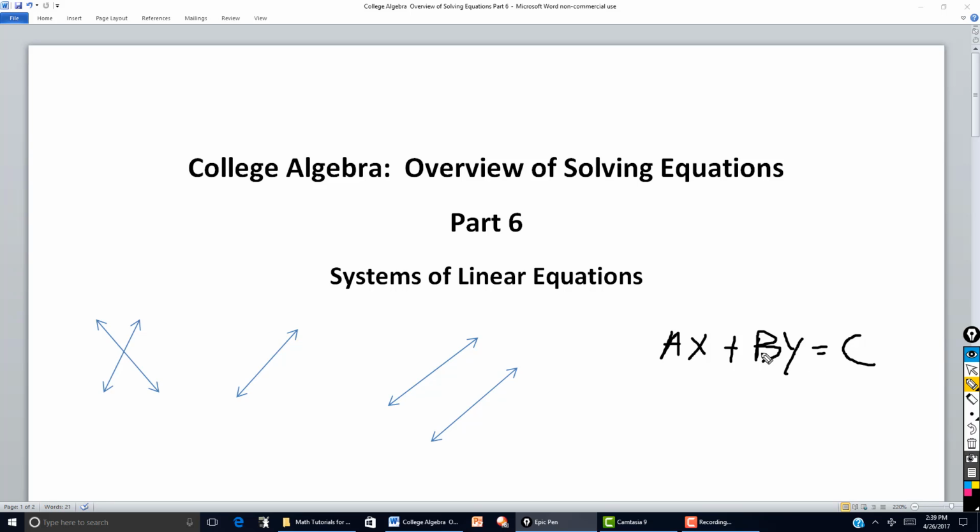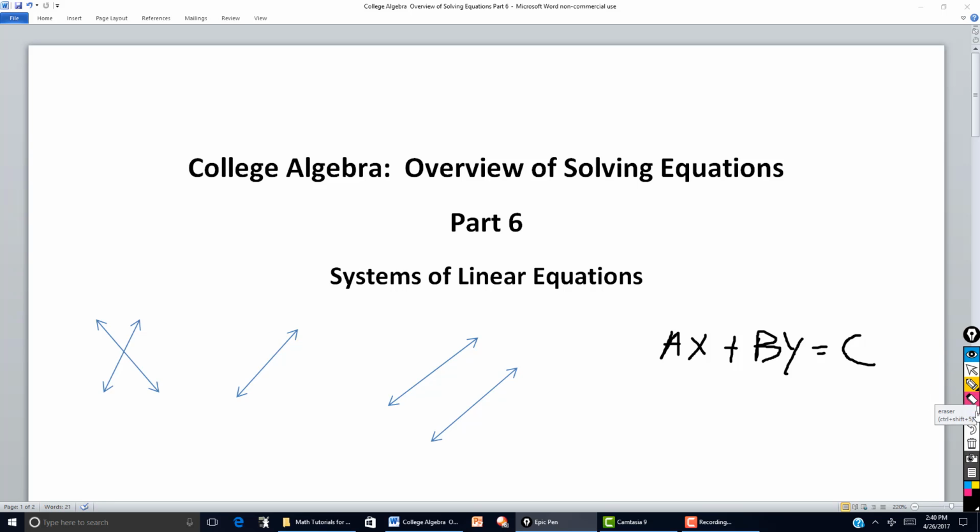If b is 0, you only have an x in the equation, so that's a vertical line. Normally we say that a and b cannot both be 0, otherwise you're not going to have a line. You may just have a contradiction. So the equation of a line will take this form, and it could be a vertical line, a horizontal line, or a slanted line.